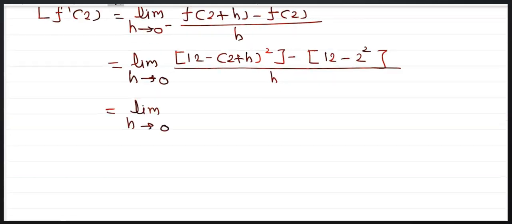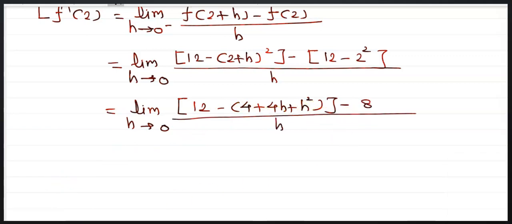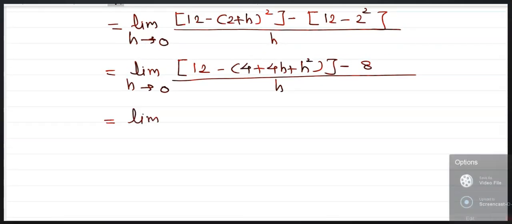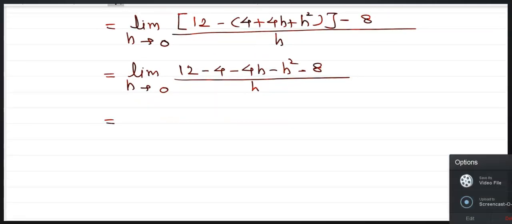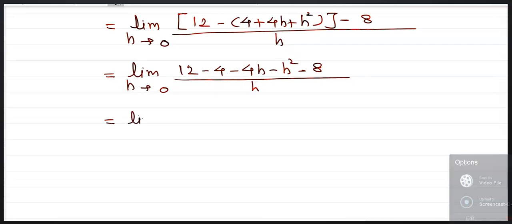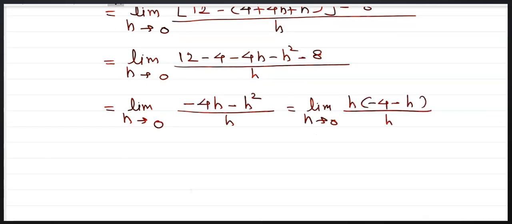That is 12 minus (4 plus 4h plus h square) minus 8 upon h, limit h tends to 0. If you open the bracket, then you will get the terms like this, that is minus 4h and minus h square upon h. If you take h as common, then you will get the limit as minus 4.